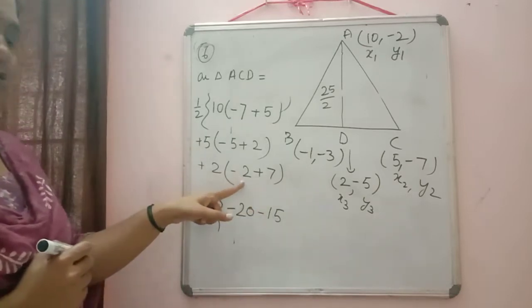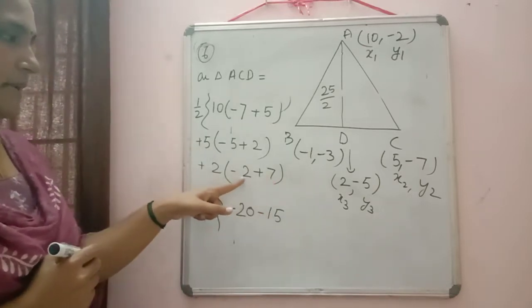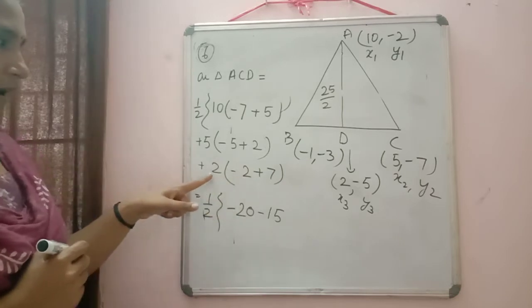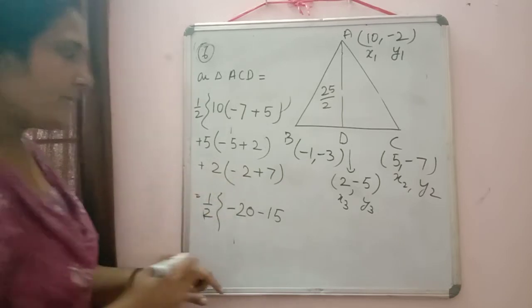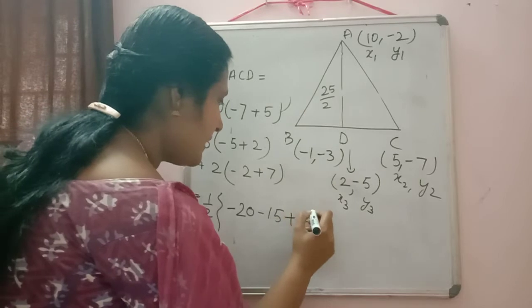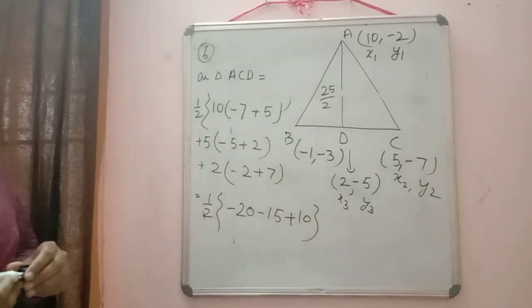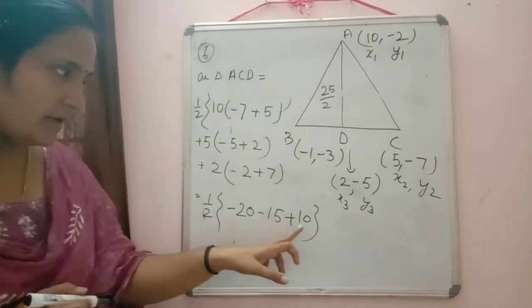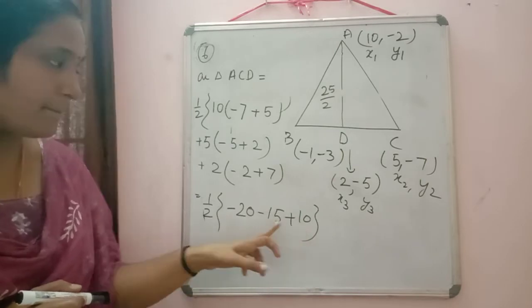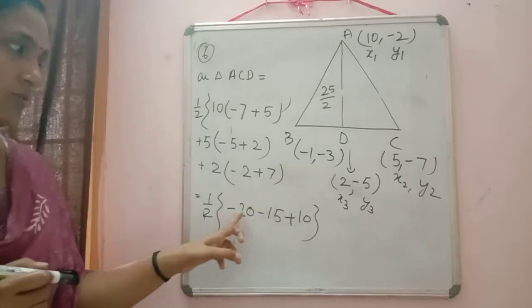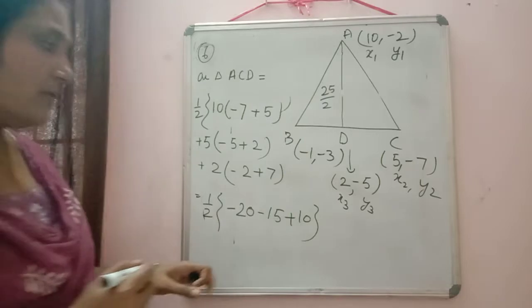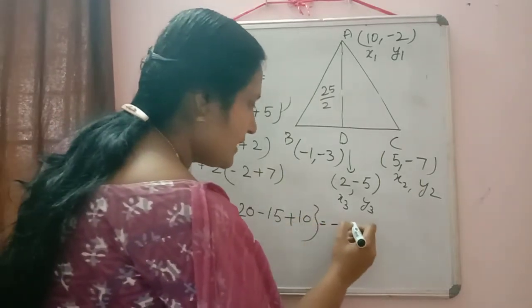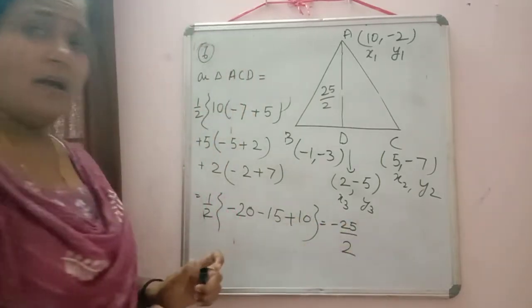And 7 minus 2 is 5, and 5 into 2 is 10. So here, just to check, minus 15 plus 10, what will come? Minus 5. And minus 20 minus 5 will be equal to minus 25. So we are getting minus 25 by 2.